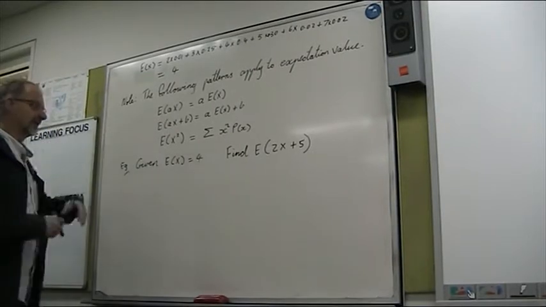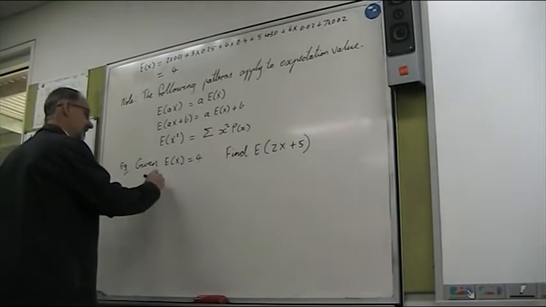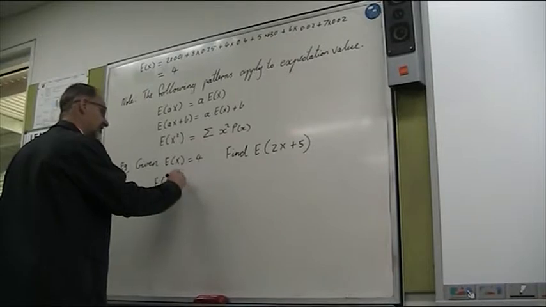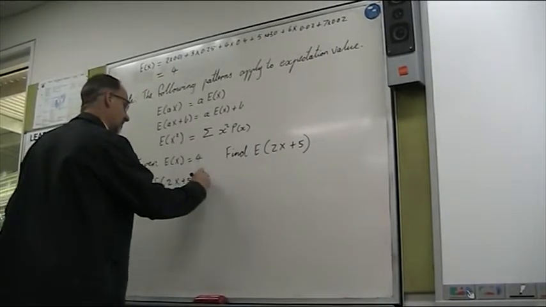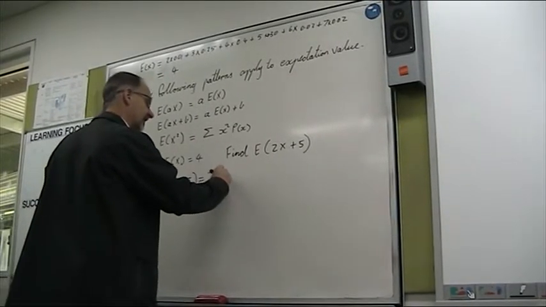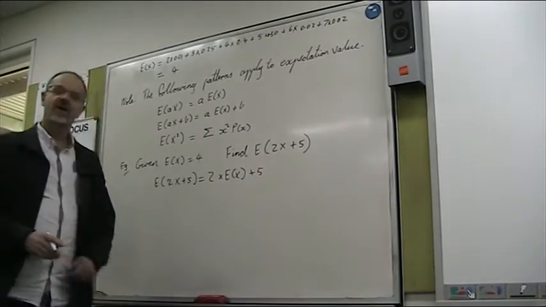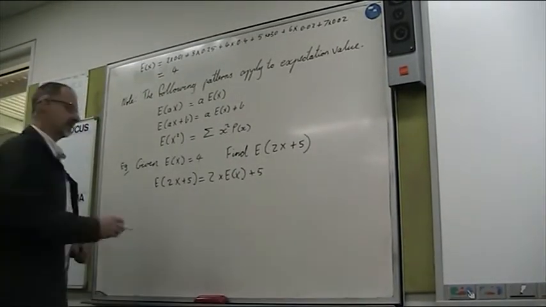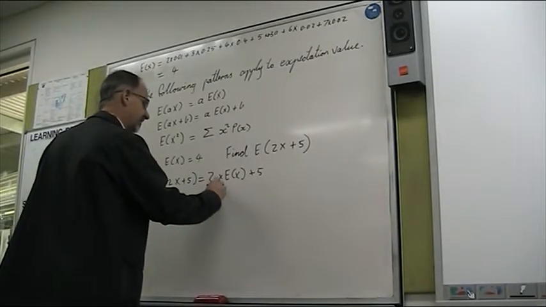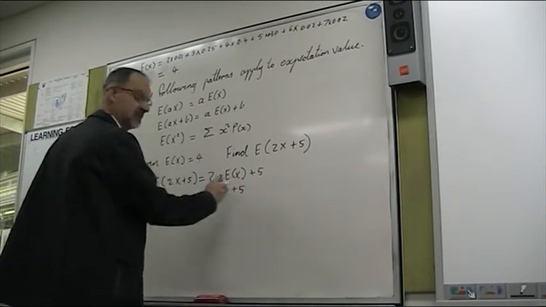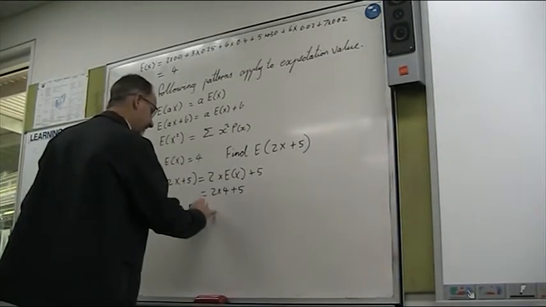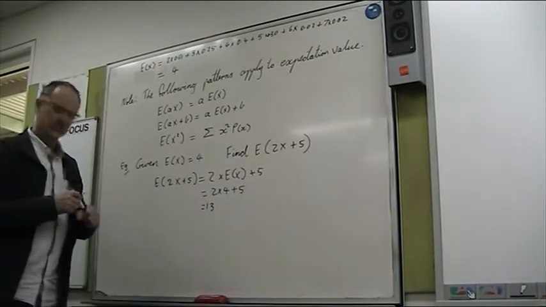The expectation value of 2 lots of x plus 5 will simply be 2 lots of the expectation value of x, plus 5. And because the expectation value you're told is 4, you get 13.